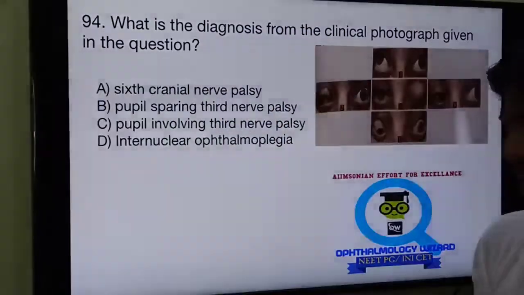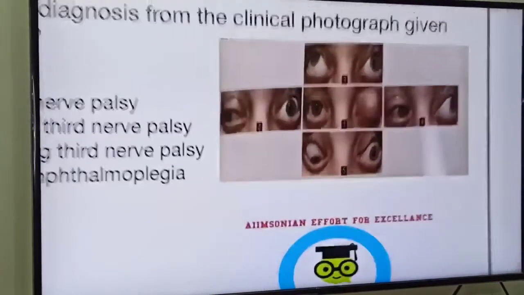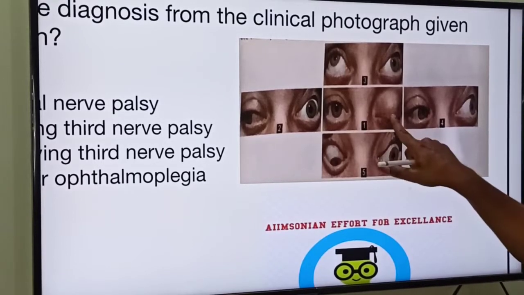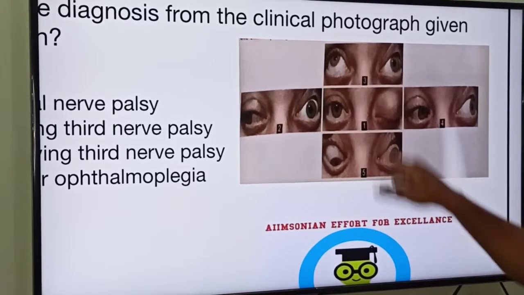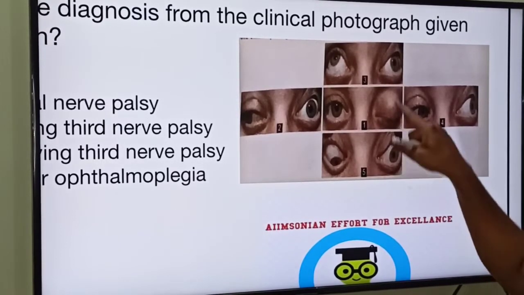Now the important thing is, what is the diagnosis of the clinical photograph given here? Can you see this clinical photograph? The patient in normal vision. This is 1, 2, 3, 4, 5. On 1 there is complete, severe ptosis.